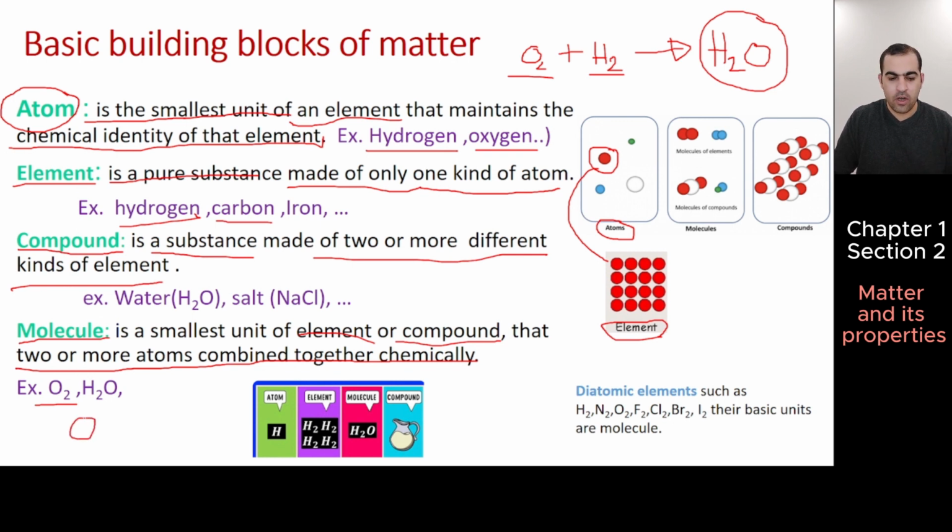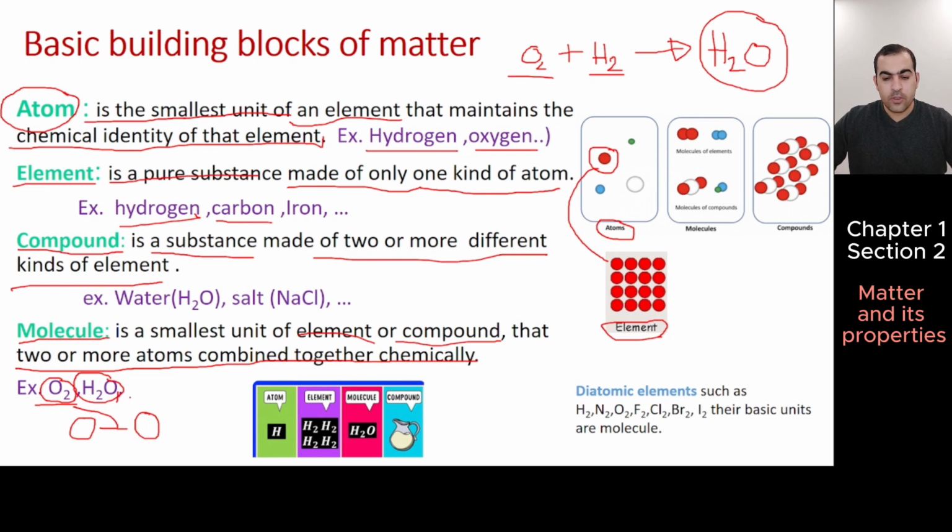When the two oxygen atoms bond together, they produce O2. There's a covalent bond between them. Later we will talk about that. So they have chemically bonded, and we call it a molecule. H2O, two hydrogen and one oxygen, bonded together to produce an H2O molecule.